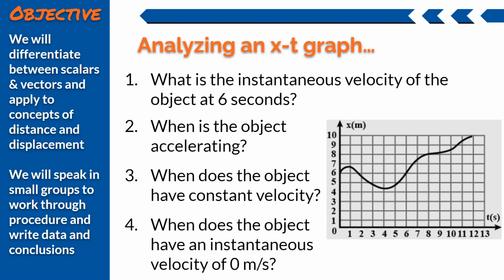If I asked you how fast it's going, you would pick 2 points on that segment. Again, try to pick the same segment where it's moving straight. And you would do change in y over change in x, or y2 minus y1, 6 minus 5, over change in x, 6 minus 5.2. Plug them in and find your slope. So that's how you could do that.